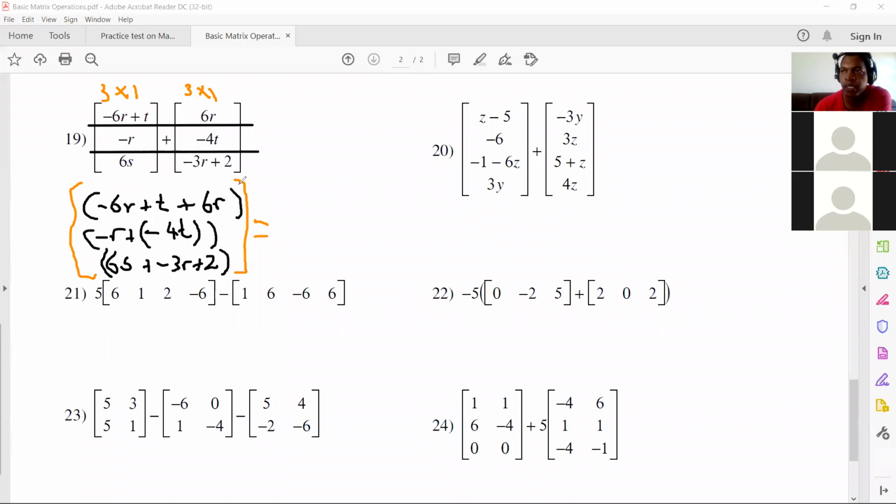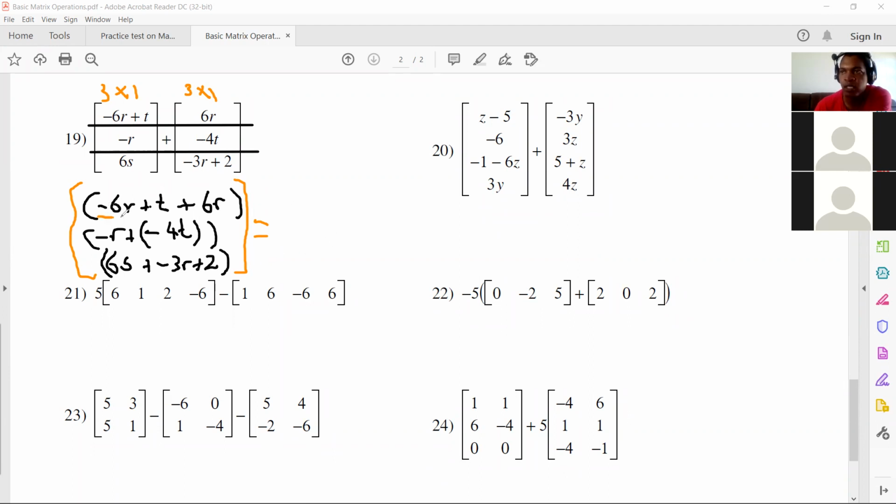Do we have to put the brackets? Yes, we are dealing with matrices here, so everything is supposed to be in bracket form. This square bracket is what determines a matrix. Now I'm going to simplify the things inside so that it looks neat as well.